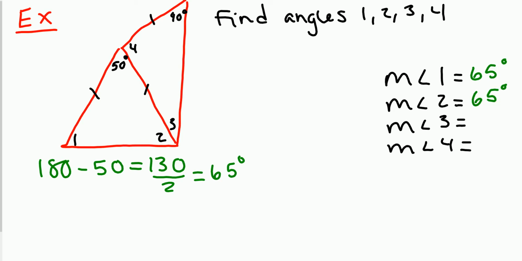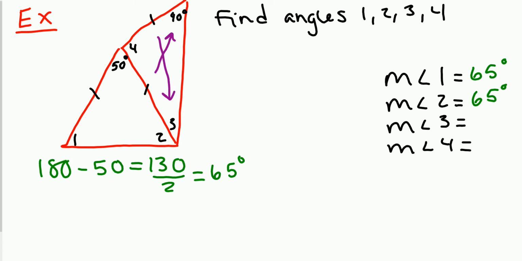Okay, halfway done. Alright, now let's look at this triangle right here. It says that this side and this side are congruent. Knowing that these two sides are congruent, the base angles have to be congruent. So this angle and this angle, the opposite angles.